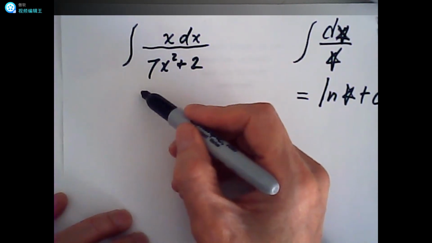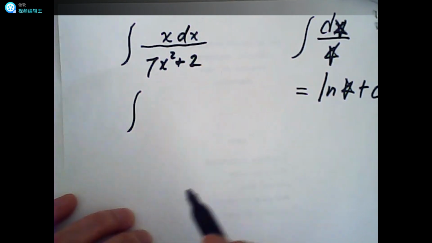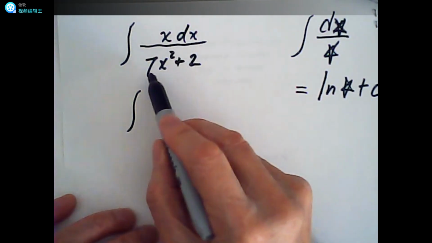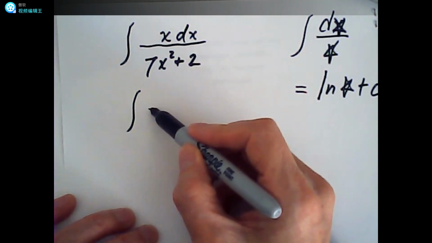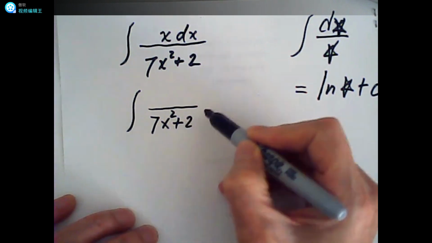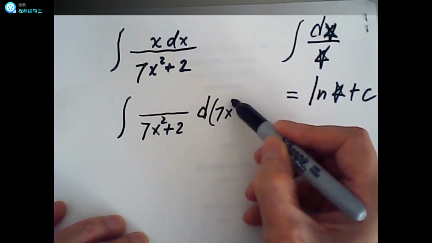Now, by considering this given integral, the denominator is this, right? So I'm writing 7x squared plus 2 and d of 7x squared plus 2.